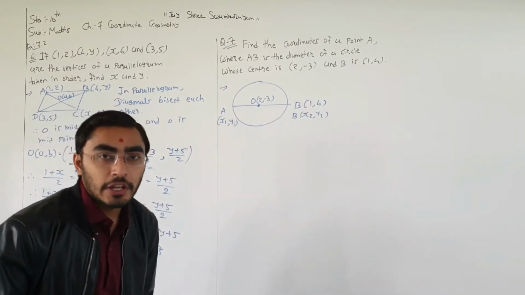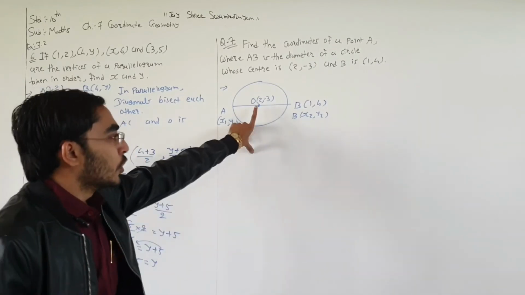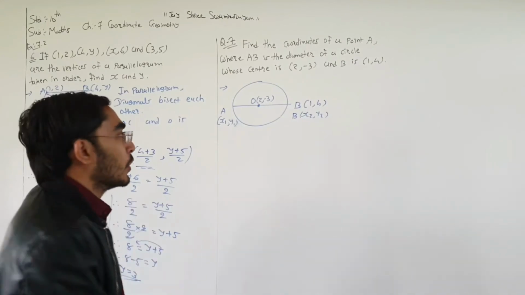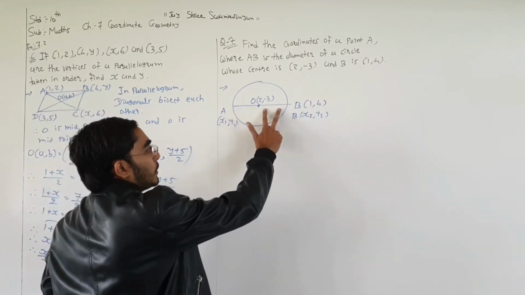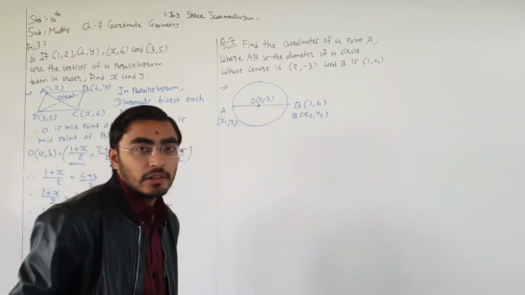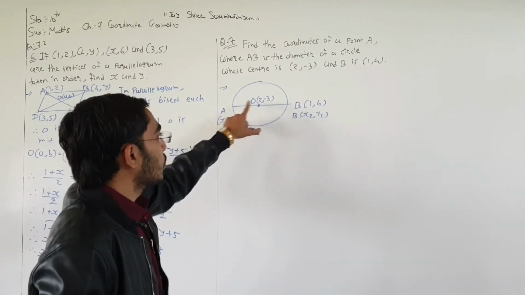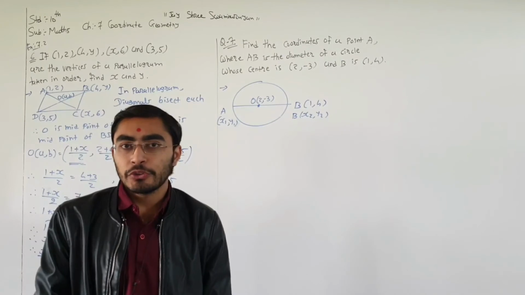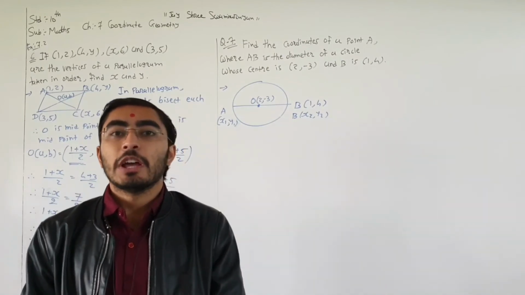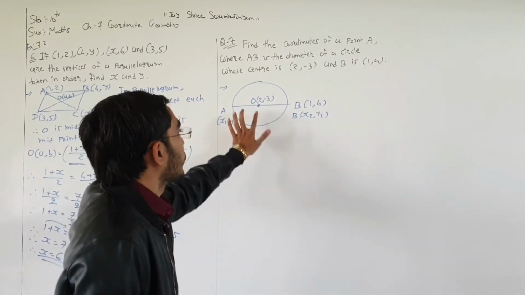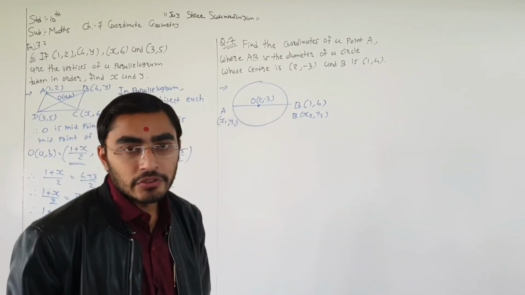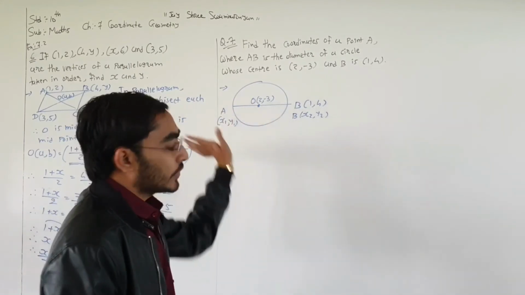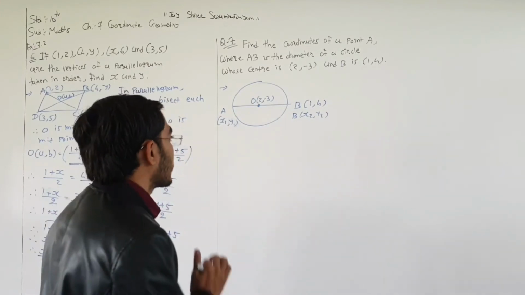Now one more thing that we know is that O, that means center, is the midpoint of diameter AB because OA is radius, OB is radius, both are equal. That means center O is the midpoint of diameter AB. Right? It's always true. Here we have radius, here we have radius. That means both parts are equal. It means O is the midpoint of AB.